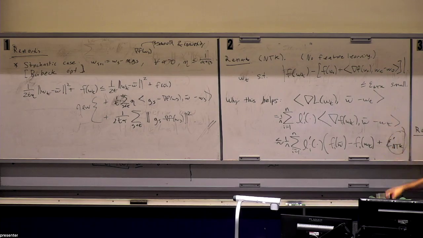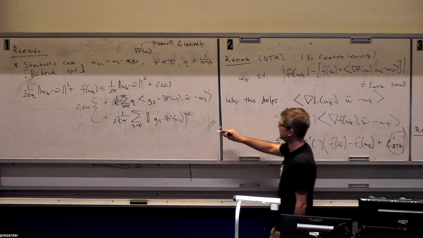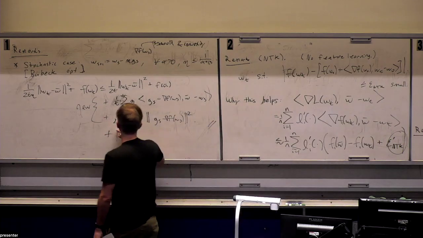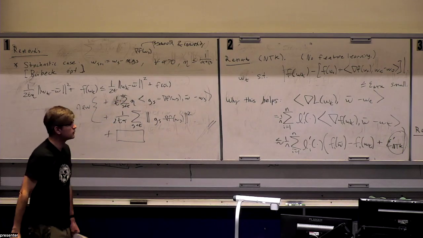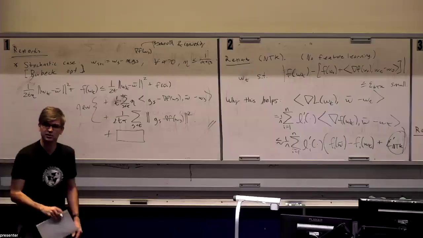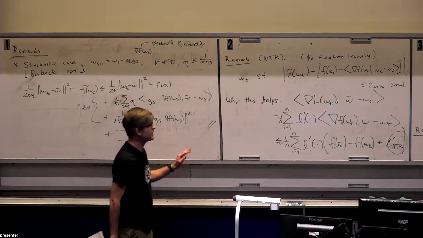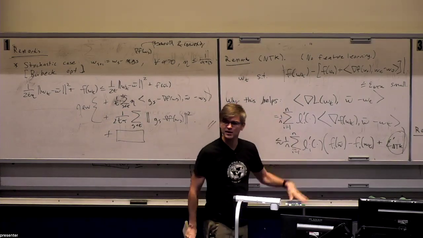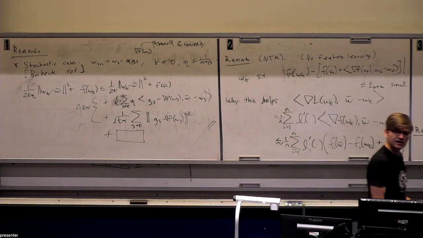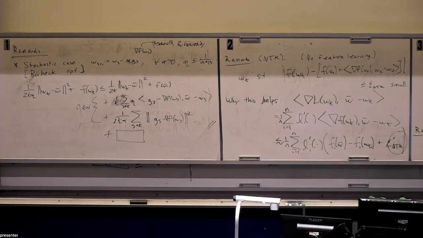Then you can push through the entire proof I just showed you, and you accumulate one more error term down here. This results in an extremely short proof. You can prove, for instance, gradient descent in this regime in just like 2 pages. It's insanely short and very transparent.